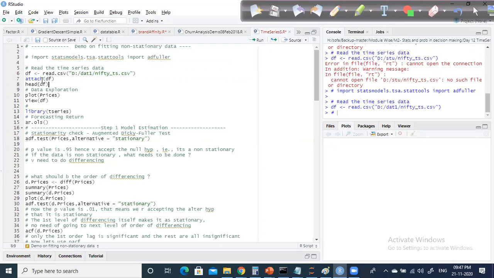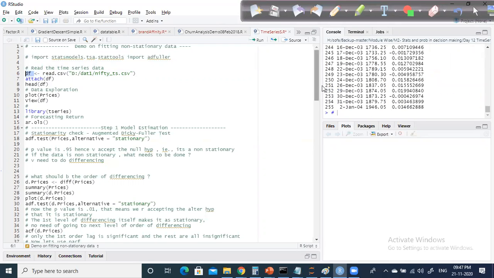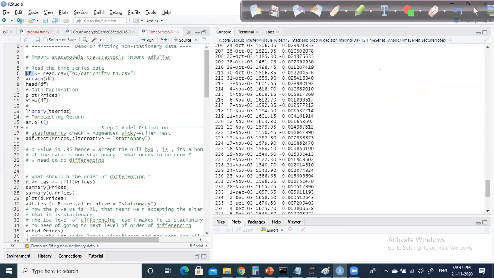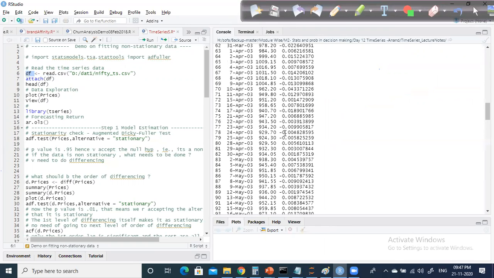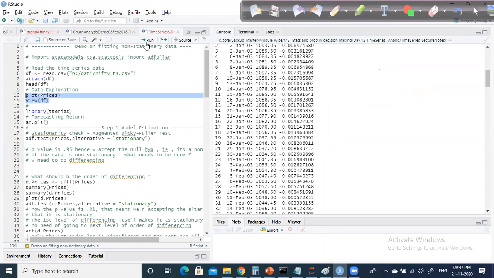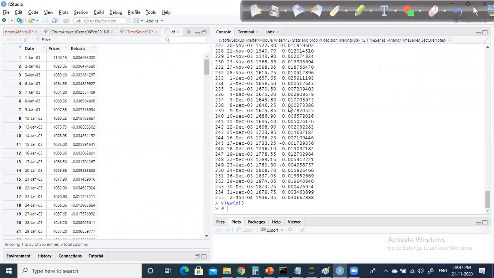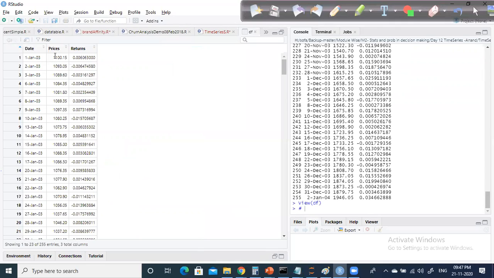Yes, we are done with this. I'm going to view the data stored in my data frame called DF, using the tabular format. So what is the price for a specific company like Infosys? It is the specific company's stock price on a daily basis, and returns.